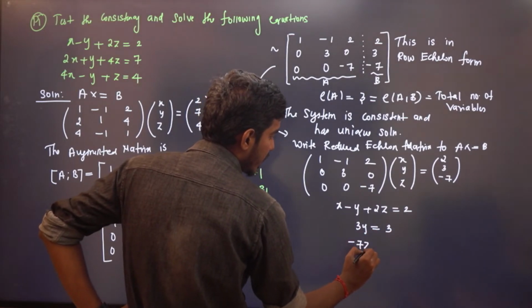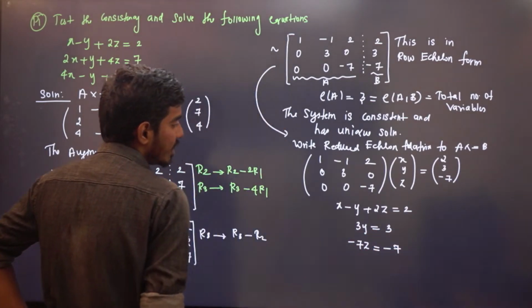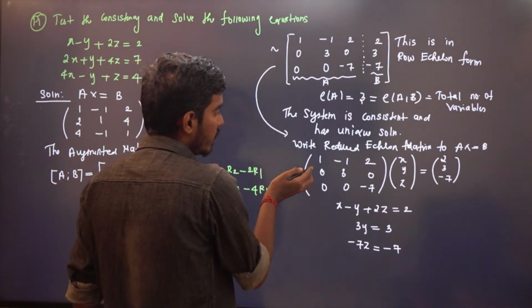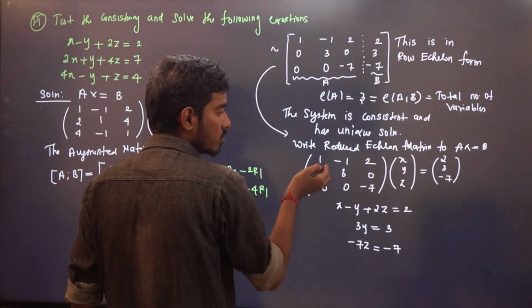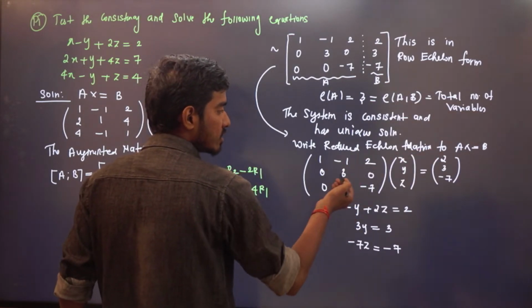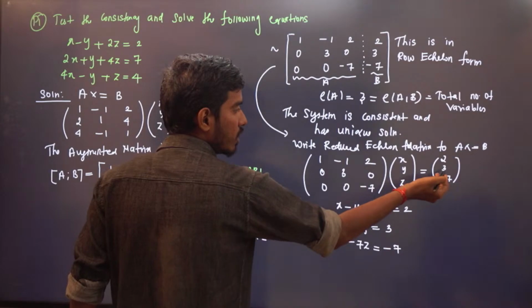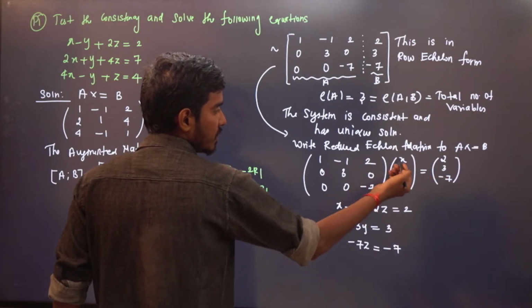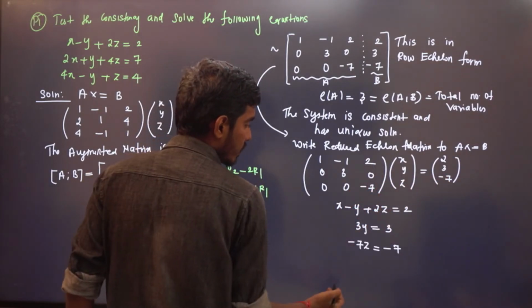Here you will have minus 7z is minus 7. Yes or no? X minus y plus 2z is 2, 0x plus 3y plus 0 is 3, 0x plus 0y minus 7z is minus 7.